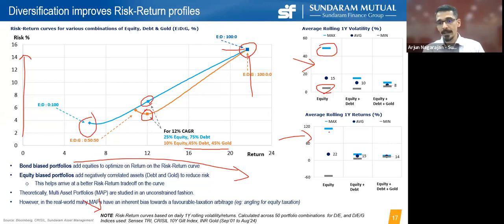You're looking at the range on returns. You have a very wide range in equity. You're adding debt, your returns come down, your range of returns come down and come down further with gold. But what is happening here is you're stabilizing your returns and trading it off with much lower risk. So equity plus debt plus gold, you're getting an average return of 14% for a much lower risk of 8%.